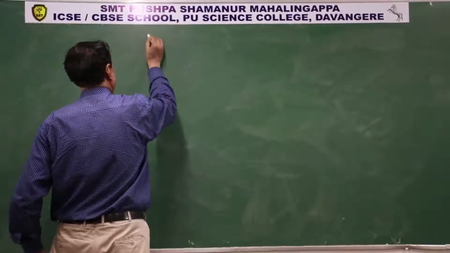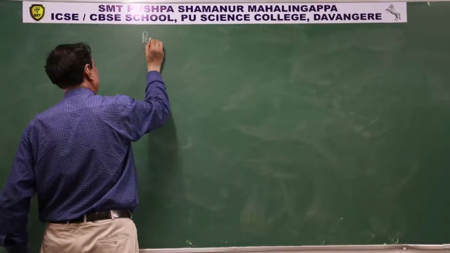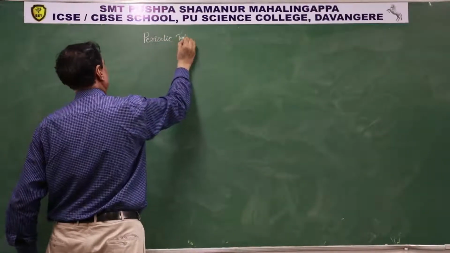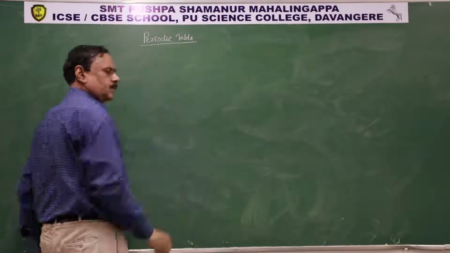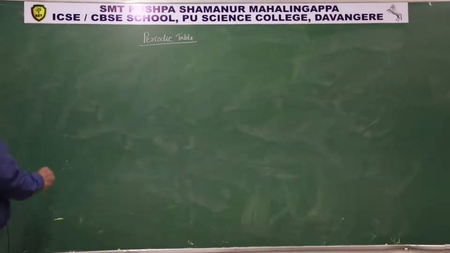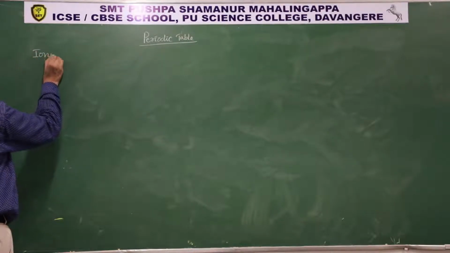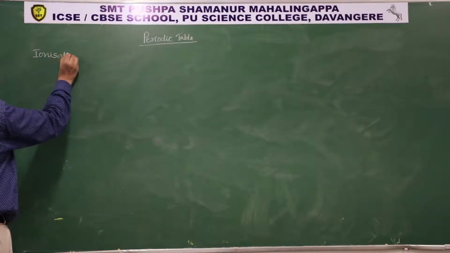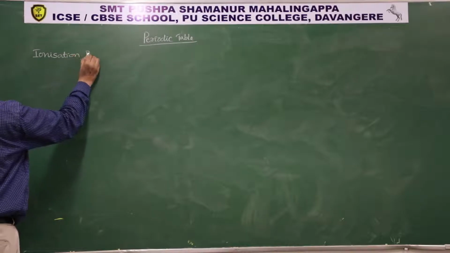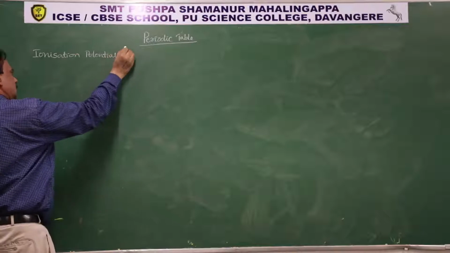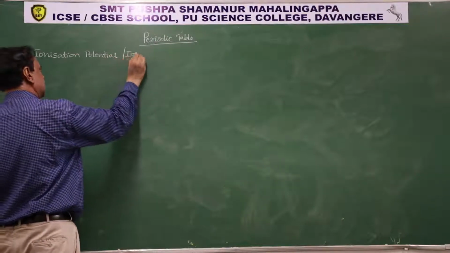Continuation of the periodic table chapter. Next property is ionization potential, or ionization energy.